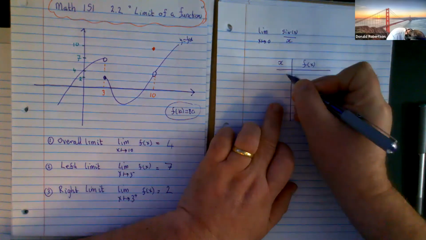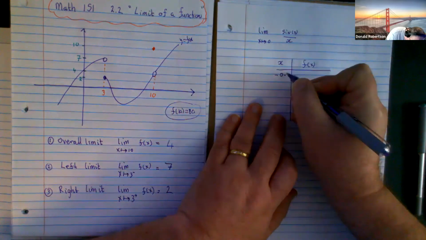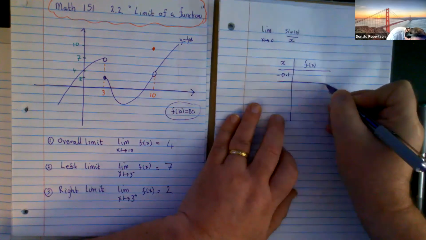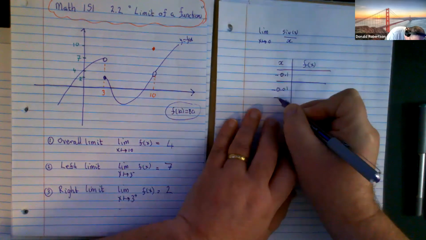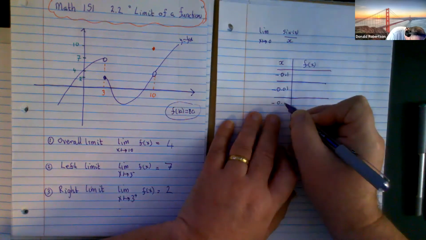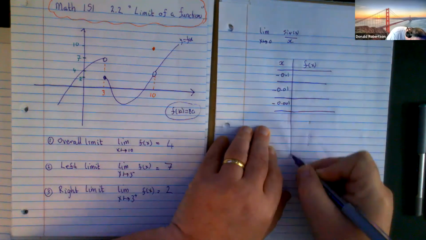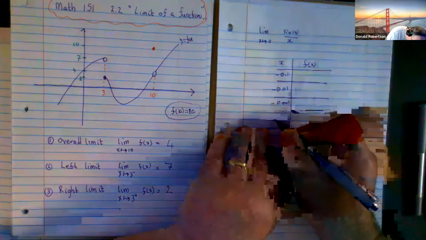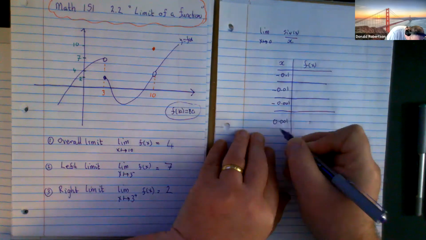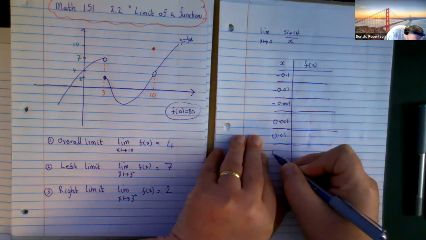So I'm going to start off with negative 0.1 and negative 0.01. And then finally, negative 0.001. And then on the other side, I'm going to be positive 0.001, then 0.01, and finally 0.1.